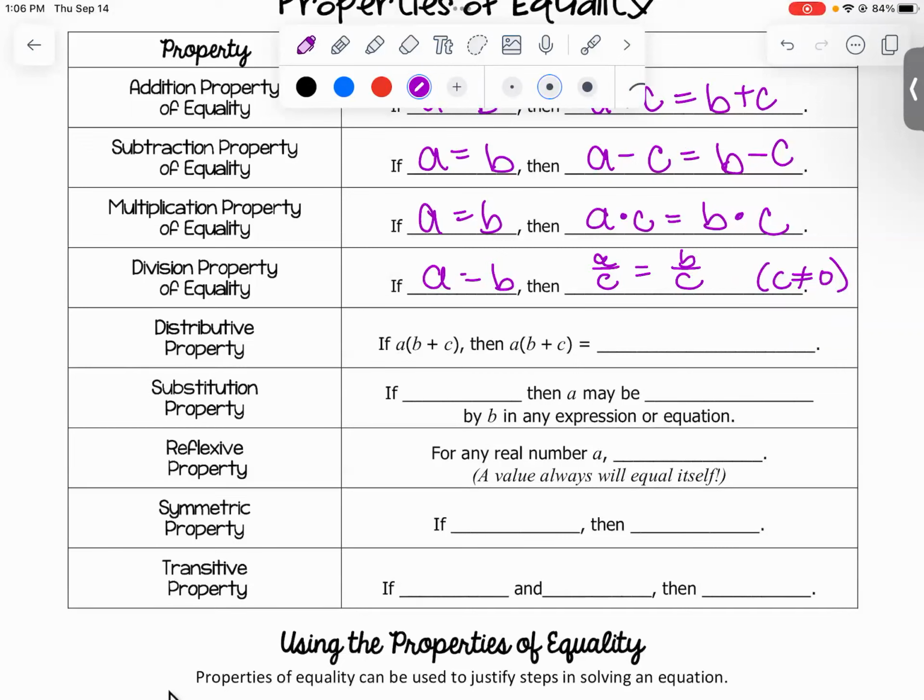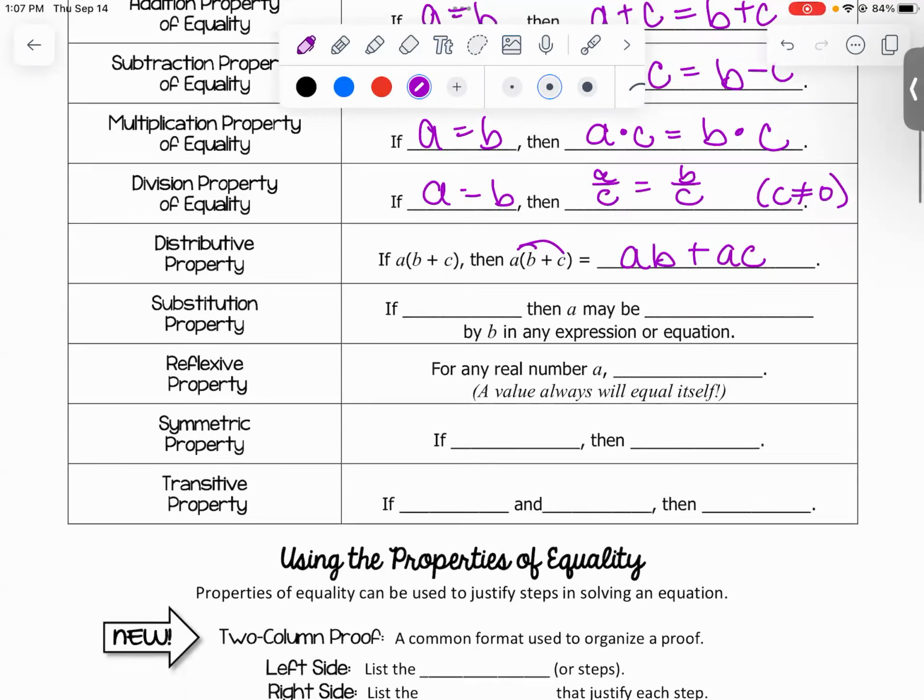All right, the distributive property. If I have something like this, what does this distributive property mean? Use your hand. We go like this. The distributive property.